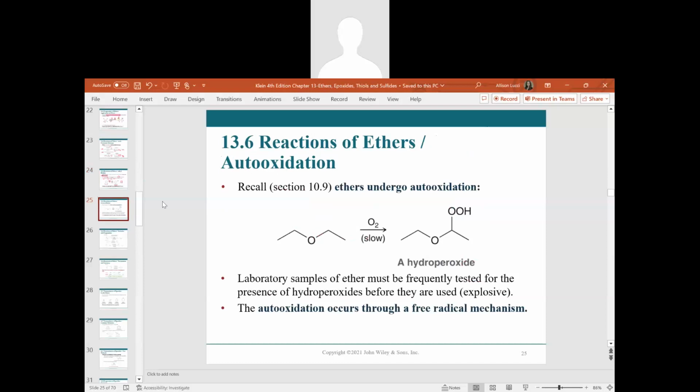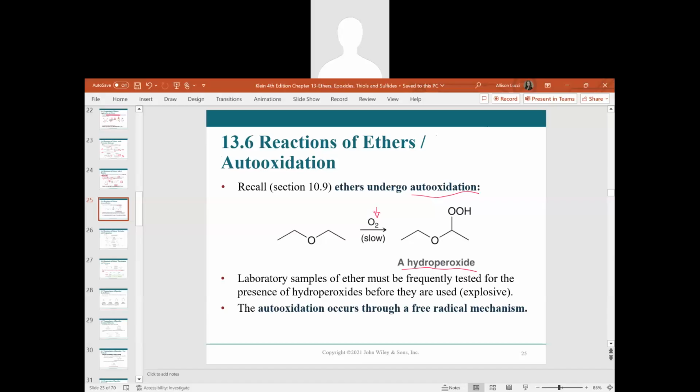Another reaction type that ethers undergo is auto-oxidation, just from being exposed to atmospheric oxygen. So that's what we see here. We see O2, and this is generally a slow process to form these hydroperoxides.